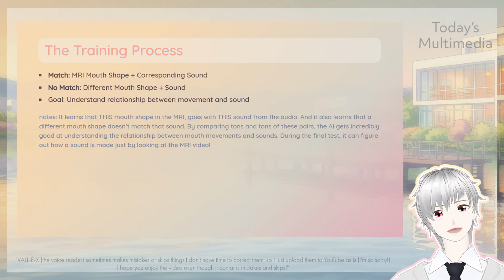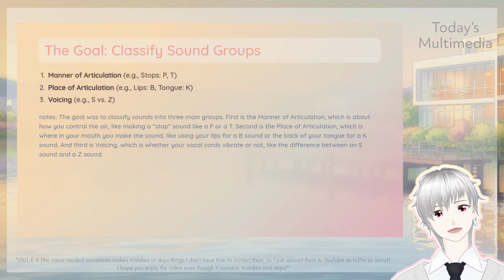By comparing tons and tons of these pairs, the AI gets incredibly good at understanding the relationship between mouth movements and sounds. During the final test, it can figure out how a sound is made just by looking at the MRI video. The goal was to classify sounds into three main groups.